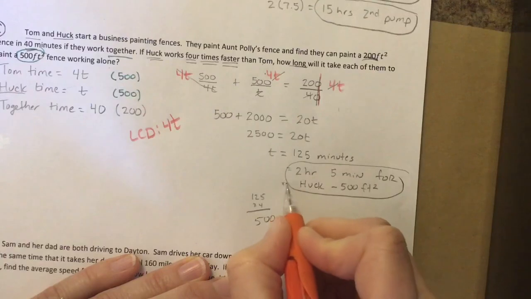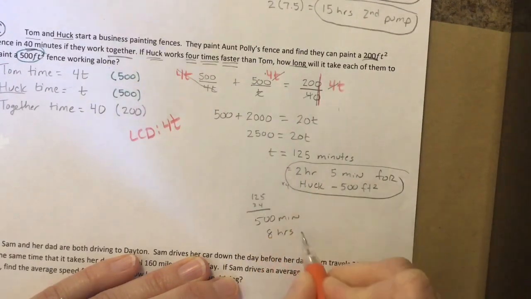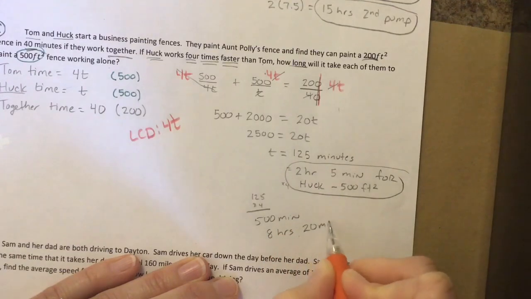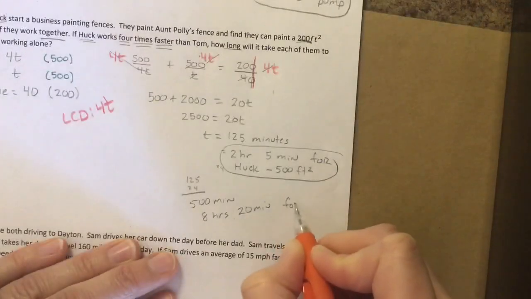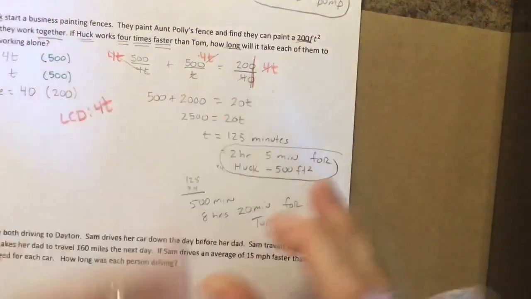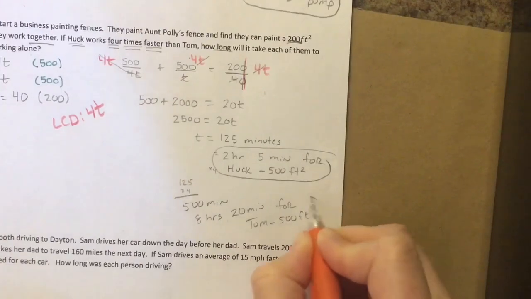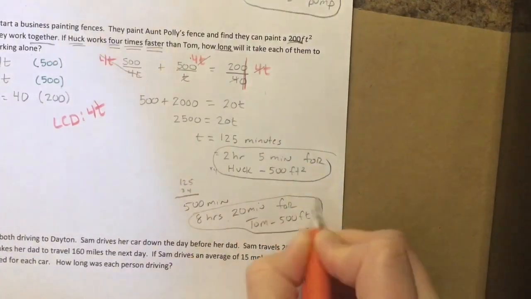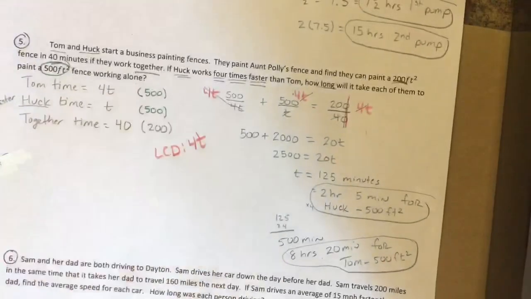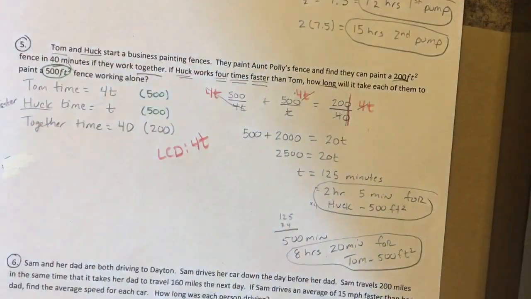Or we can times by 4. That's 8 hours. 5 times 4, 20 minutes for Tom alone. 500 square feet. And you can always plug in your answer, 125, and check your solution, all right, if you want to make sure.